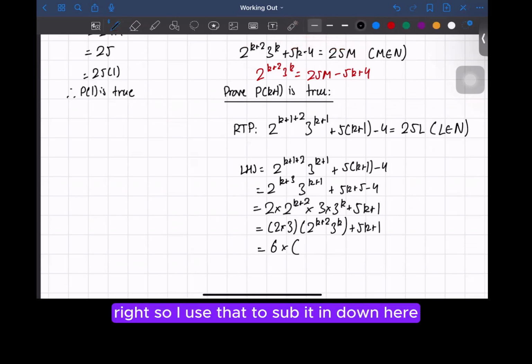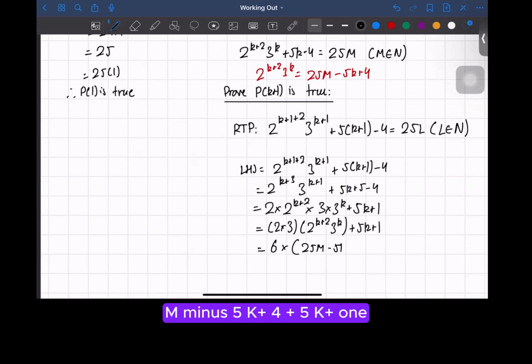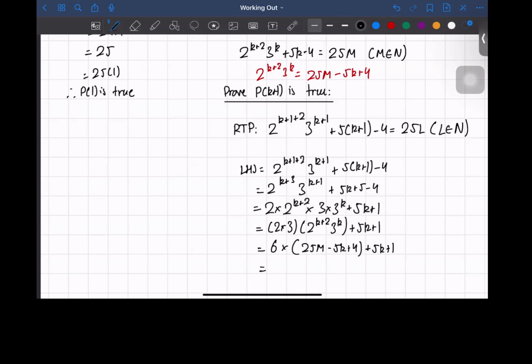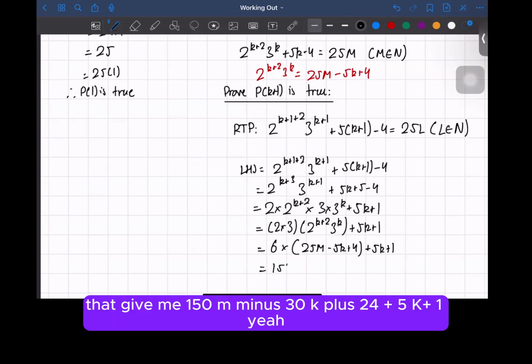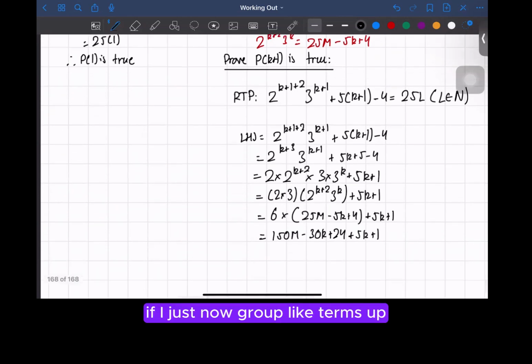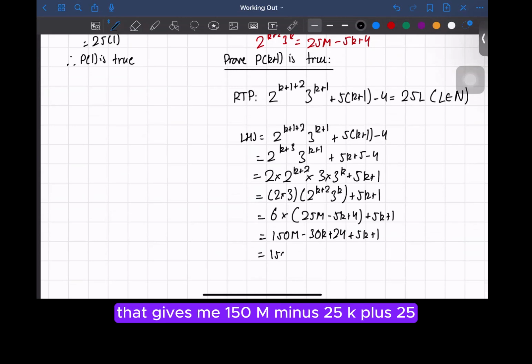I use that to sub it in down here, which gives me 25m minus 5k plus 4, plus 5k plus 1. Multiplying that all out gives me 150m minus 30k plus 24 plus 5k plus 1. Grouping the like terms gives me 150m minus 25k plus 25.